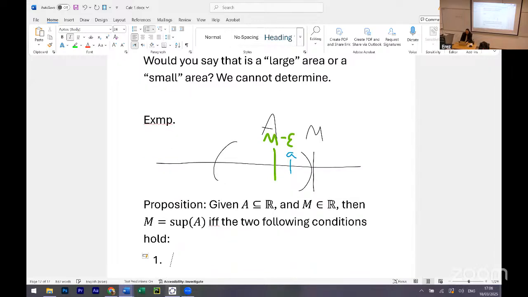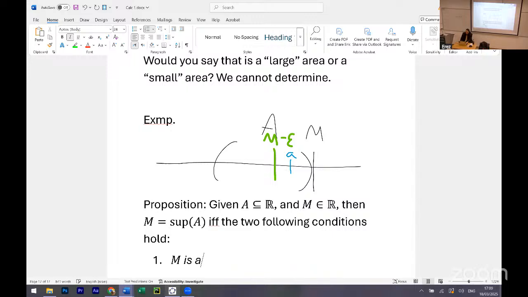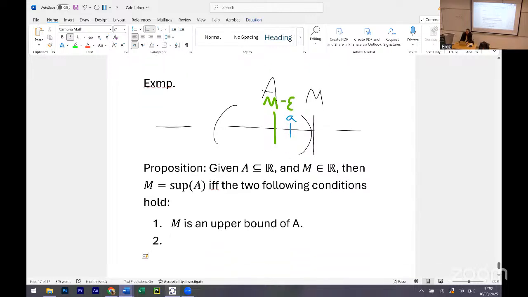First, M is an upper bound of A. And the second, now you need to listen closely.